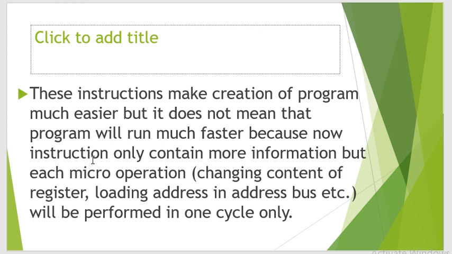After that, three address instructions make creation of a program much easier, but it does not mean that the program will run much faster, because the instruction only contains more information, but each micro operation, changing content of a register, loading an address in the address bus, etc., will be performed in one cycle only.